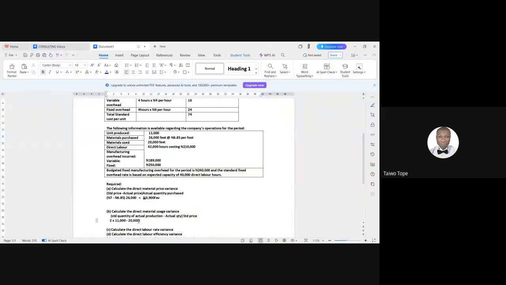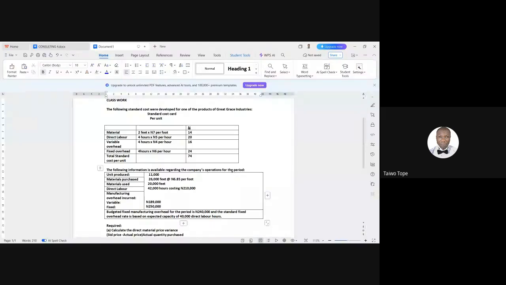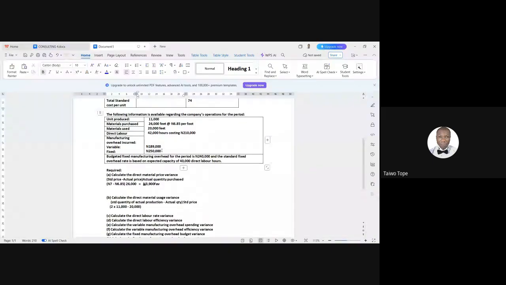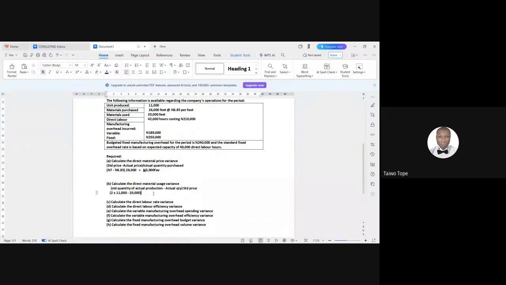In terms of the standard price, what is the standard price? 7 naira. So the answer will now be what?